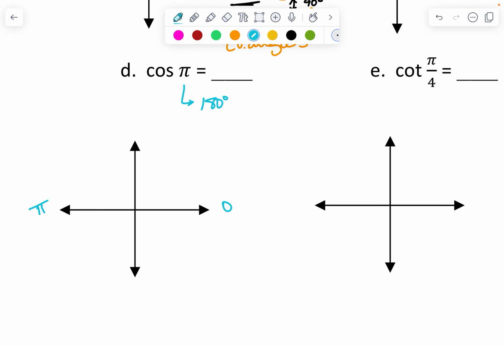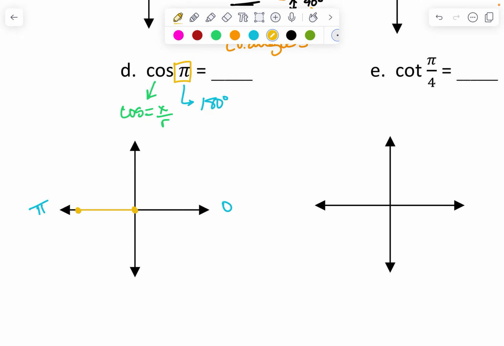Now, we're looking for the cosine, and like we discussed earlier, cosine equals x over r. What we need to do here is plot pi. How do we do that? Well, we would go from the origin, and we would go to the left 1.